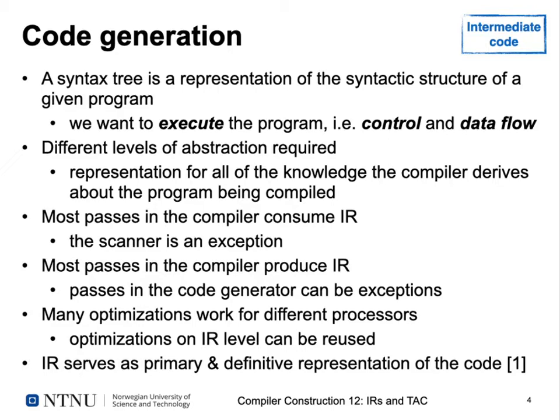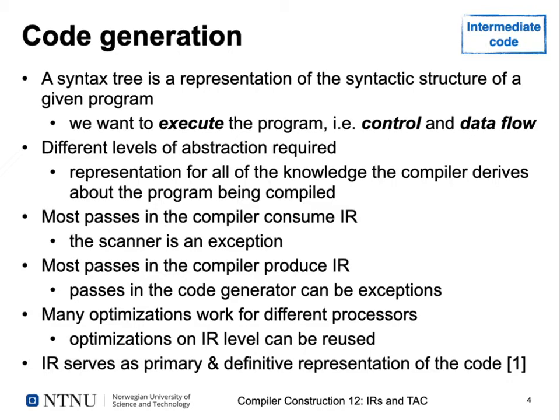So this means that we can be more general, so the intermediate representation makes it easier for us to actually reason about programs and to modify these programs in order to optimize them. And this can happen in a machine-independent way because we're still on a level that's abstracted from the concrete machine we're trying to compile for.